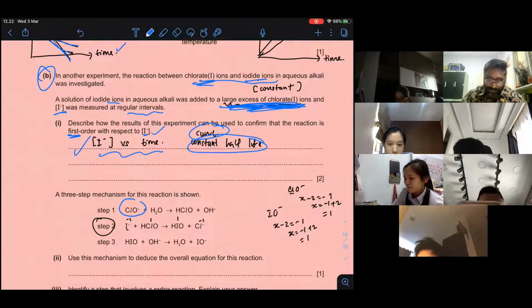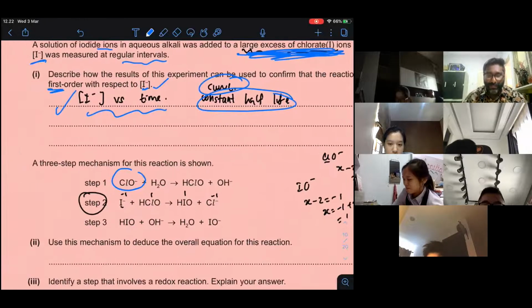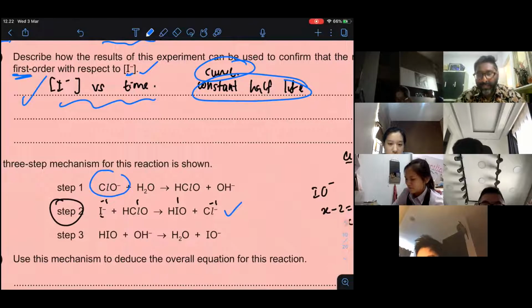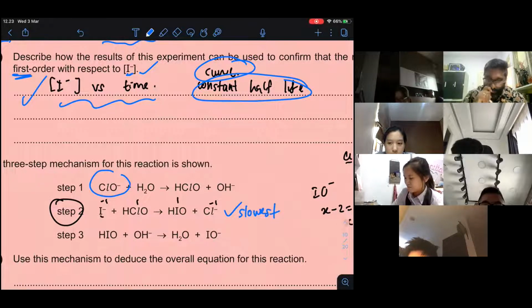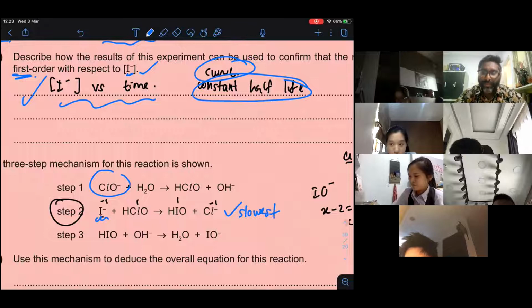So when I see first order to I minus, if I want to predict which one of these is going to be a slow step, the best prediction will be step number 2. Step number 2 is the best prediction for the slower step. Why? The slower step must be the one involved in the rate equation. So I minus is here. So that is going to be the slowest step.